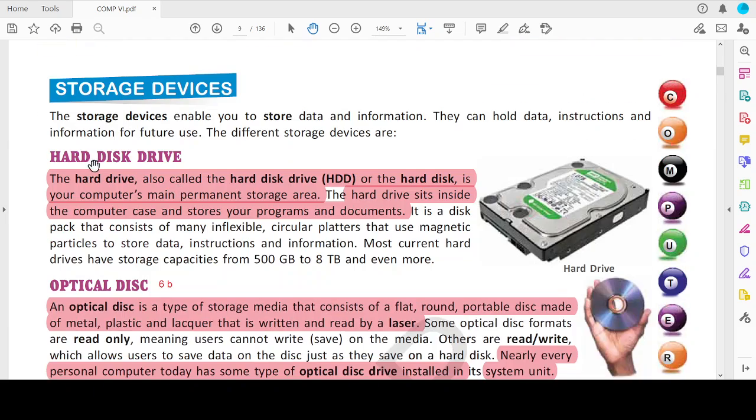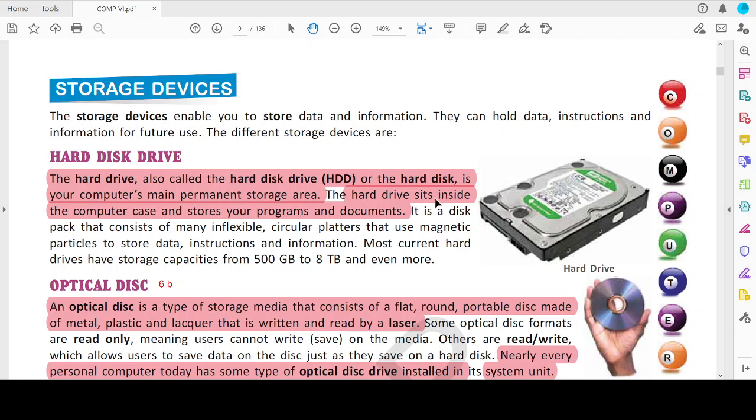So what do you mean by a hard disk? A hard disk drive, also called a hard drive or hard disk, is our computer's main permanent storage area. It is always connected to the computer inside the system unit.